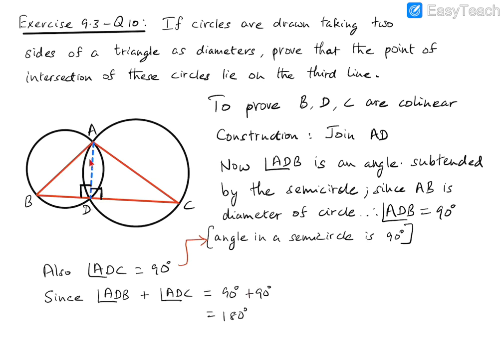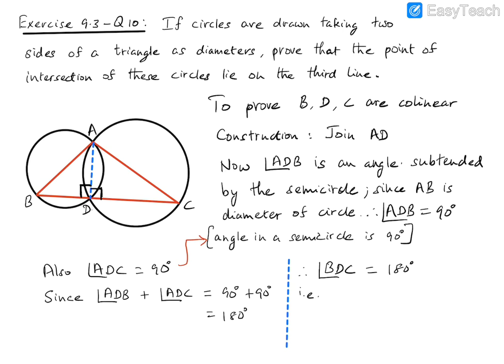So we have now shown that the angle ADB plus the angle ADC is 180 degrees. So that means the points B, D and C are on the same line because the angle on that line is 180 degrees over here. Okay, so therefore we can state that angle BDC equals 180 degrees.